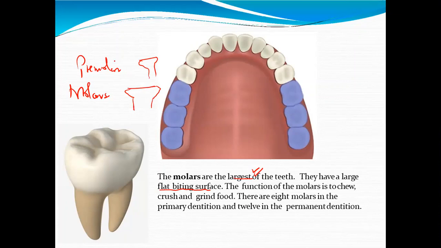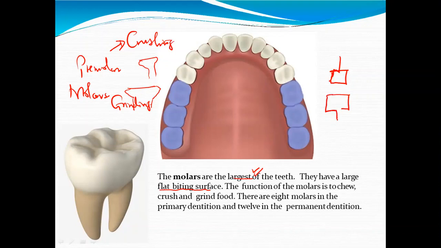So they more or less will do what premolars do, like tearing or crushing, okay. But on top of that, they can do grinding. I know you know the difference between crushing and grinding. Crushing is, in simple terms, if you assume you have two crushers or two things that are coming opposed to each other, when they hit each other directly, that is crushing.